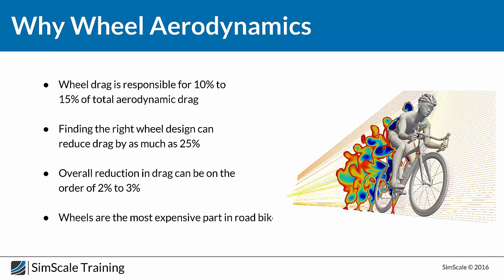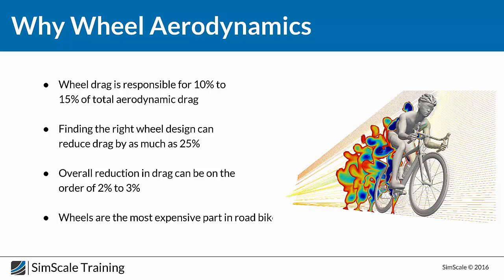What I mean by this, for example, is if you start with an initial design, and then you do some optimization on your wheel design, you can gain 25% from the original design just because of the right profile of the wheel. Another important thing is the overall reduction in the drag can be on the order of 2% up to 3%.